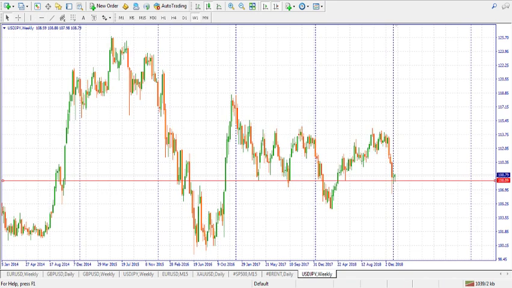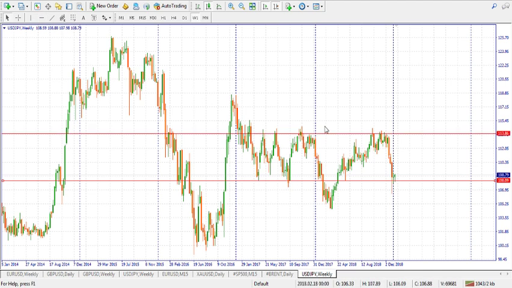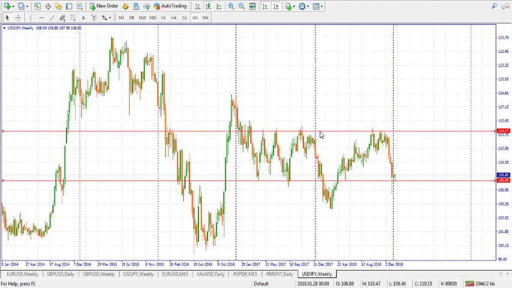We have the chart loaded already. Here's the chart. This is the line which we had on the previous chart, and then there's also this line here. So assuming you have a chart like this, like the one I'm currently having on my screen, this is USD/JPY.